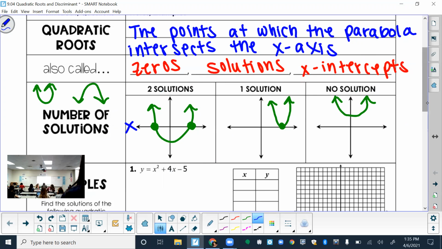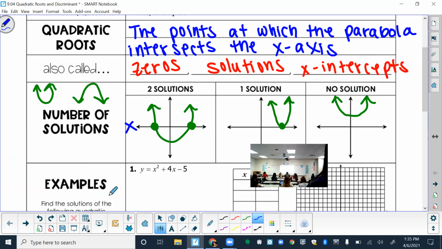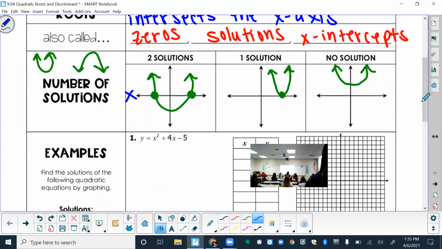All right, so now we're going to do some examples, and it says find the solutions of the following quadratic equations by graphing. Now, we've done graphing extensively in here. We've done it both by hand and by using Desmos. So today we're going to use Desmos. Yes?